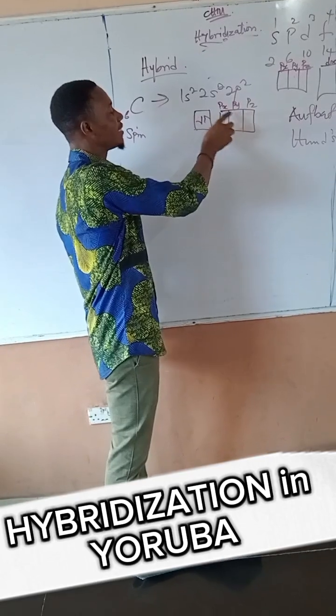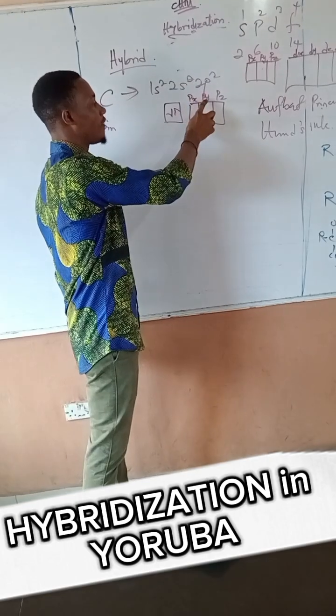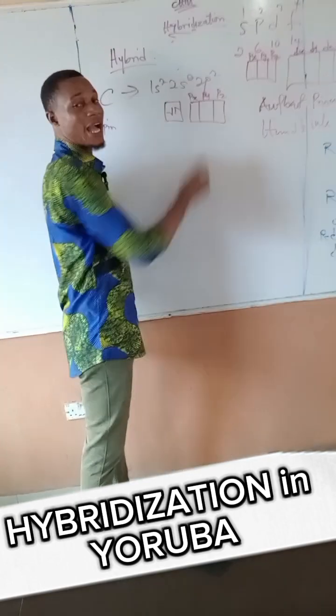So now this is another degenerated orbital, P, in which we have Px, Py, and Pz.